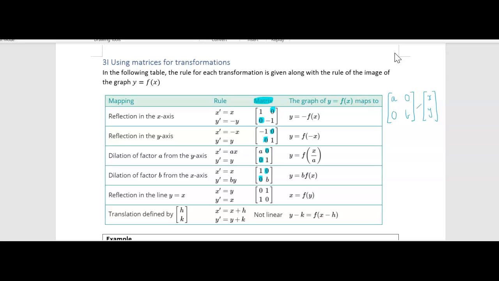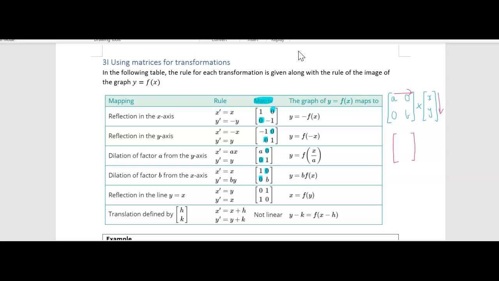The reason for that is because when we multiply matrices, we go across and then down. Effectively, when we're multiplying, we multiply the row by the column. So our resulting matrix, or product matrix, is going to be a 2x1 matrix.